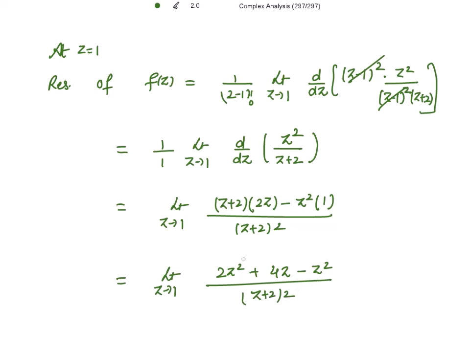That gives 2z squared minus z squared is z squared. So when z is tending to 1, just replace z with 1. We get (1 plus 4) divided by (1 plus 2) whole squared, that is equal to 5 divided by 3 squared, that is 9. So the residue of f(z) at z equal to 1 is 5 divided by 9.